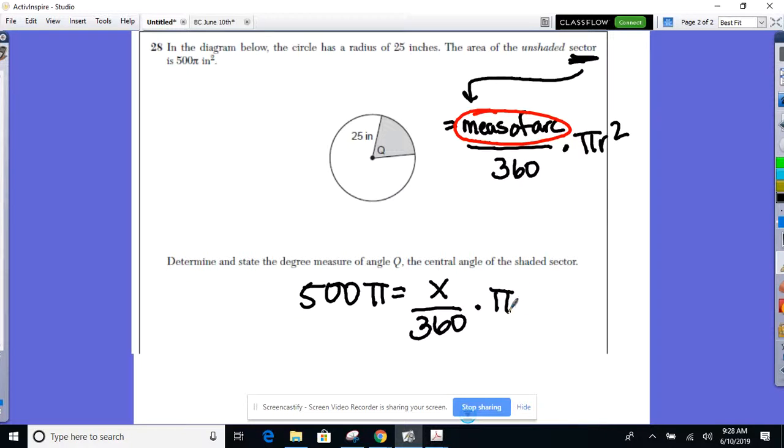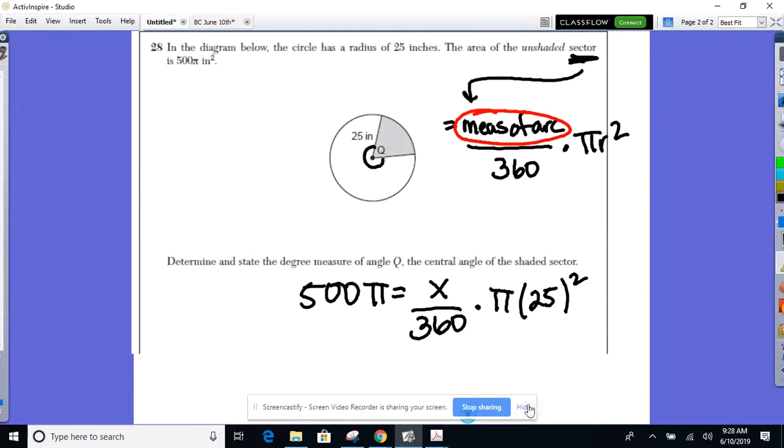What's my radius, Jack? 25 squared. Now, will this get me my final answer? No. What is this going to get me? It's going to get me this angle right here, the other part of it. But what can you do with that, Jack, to get to angle Q then? Okay, we have a plan now.